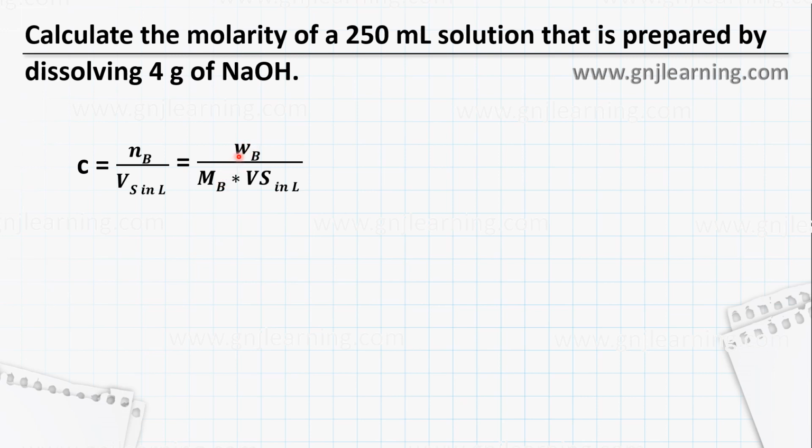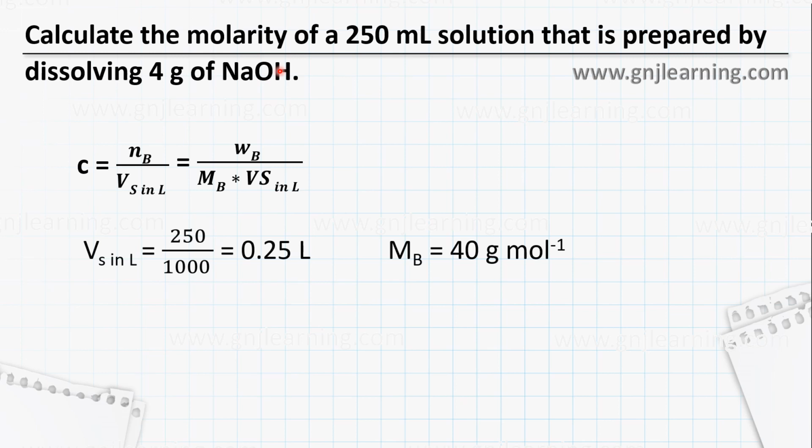So what is the mass of NaOH given? That is 4 grams. 4 grams divided by molar mass of NaOH. If you calculate molar mass, for Na it is 23, for oxygen it is 16, and for H it is 1. So 23 plus 16 plus 1 is equal to 40. So we will see all these values.